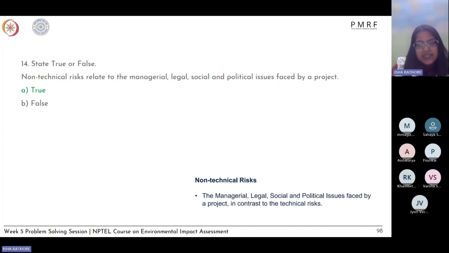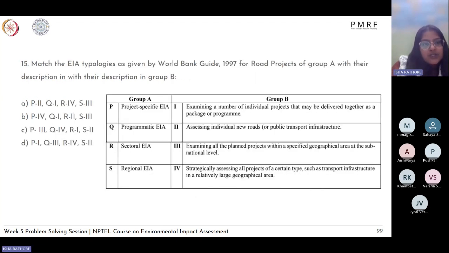So those are your technical risks on the project side of it. But your non-technical risks are related to management, legal, social, and political issues which can arise throughout your project lifespan. So again, a key concept which was mentioned in the IAIA's social impact assessment guidance. So A, true, is the correct answer. Moving on to the next question.